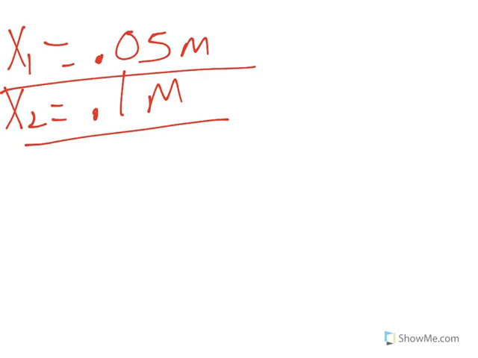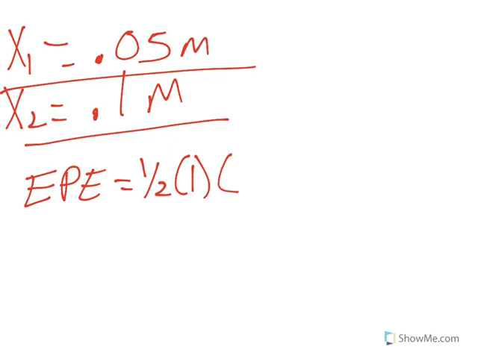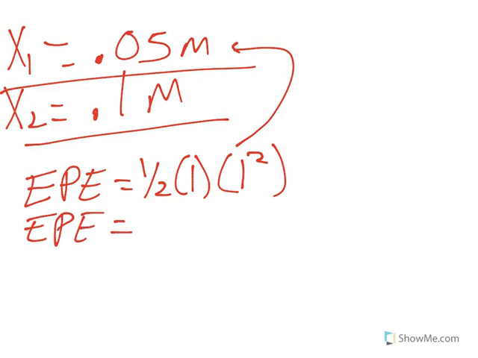Well, in this case, what we're going to do is EPE, and I'm just going to plug in ones like we've done several times before. 1/2 times 1 times 1 squared. So EPE1 is equal to 1/2, right? This is for our first scenario. For the second one, EPE2, 1/2 times 1.